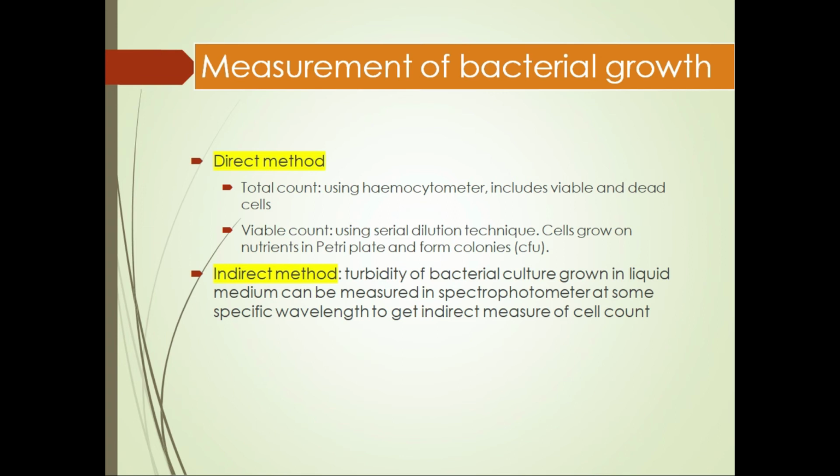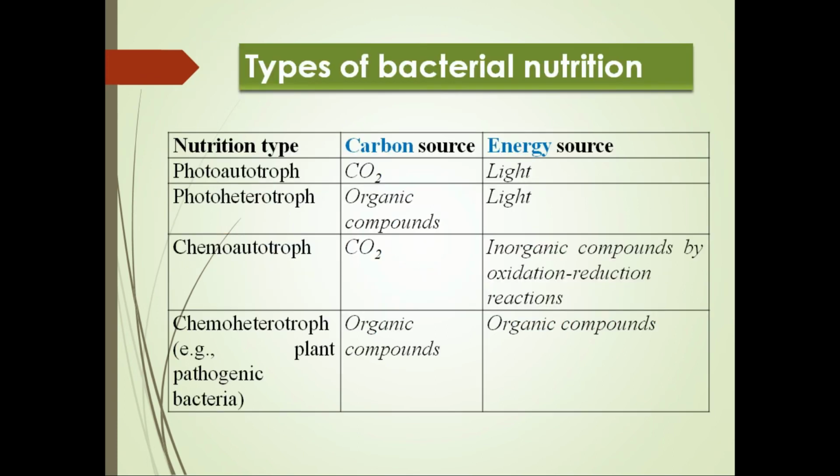When the bacterial growth occurs, the liquid medium becomes turbid. That means there is a change of color in the liquid medium. This can be measured using a spectrophotometer. So we have two methods of measurement of bacterial growth. Depending on the carbon source and energy source, bacteria can be grouped into different types of nutrition.